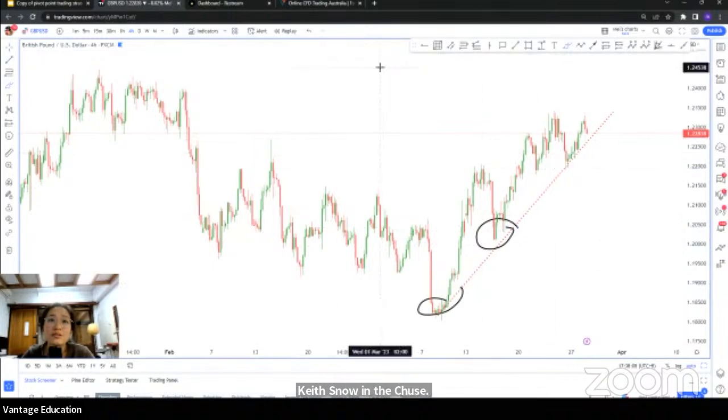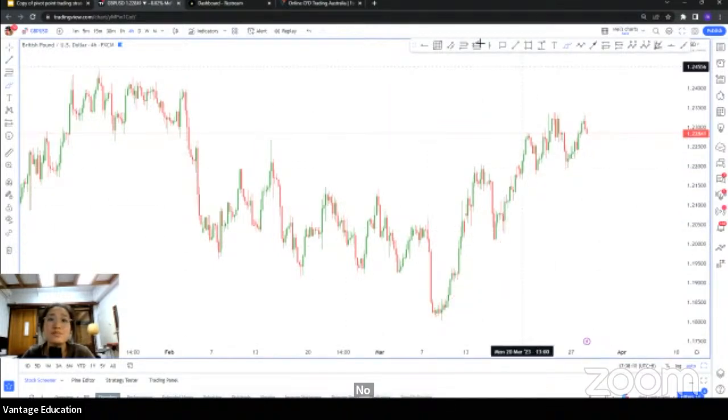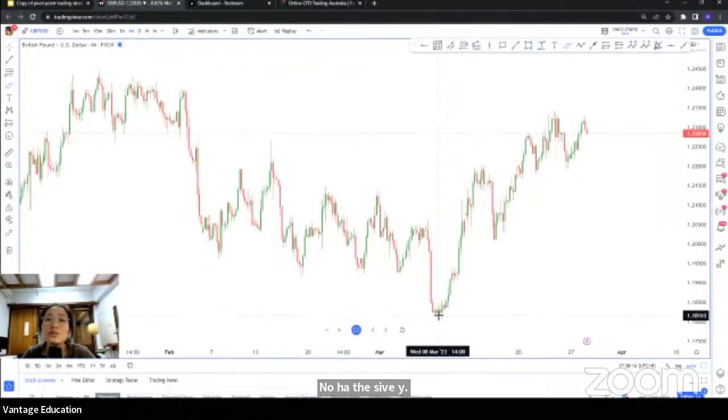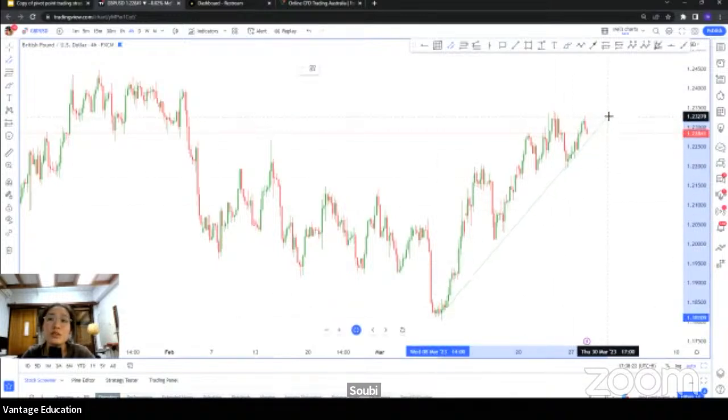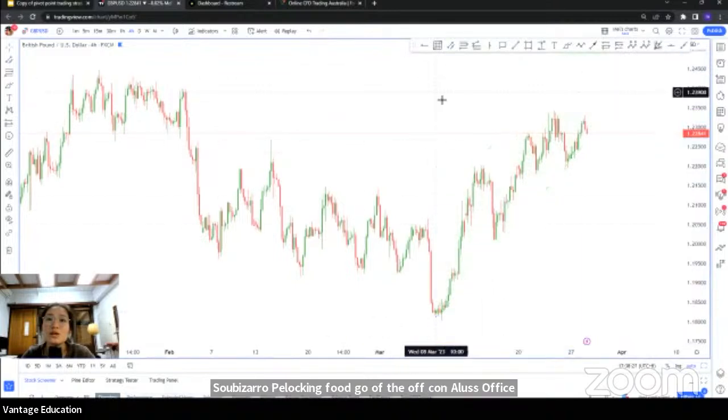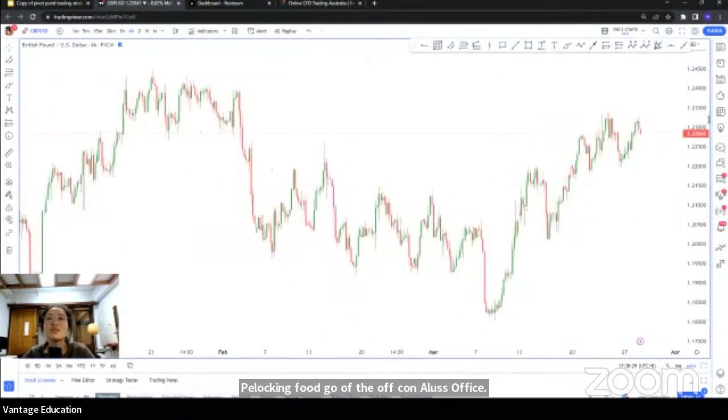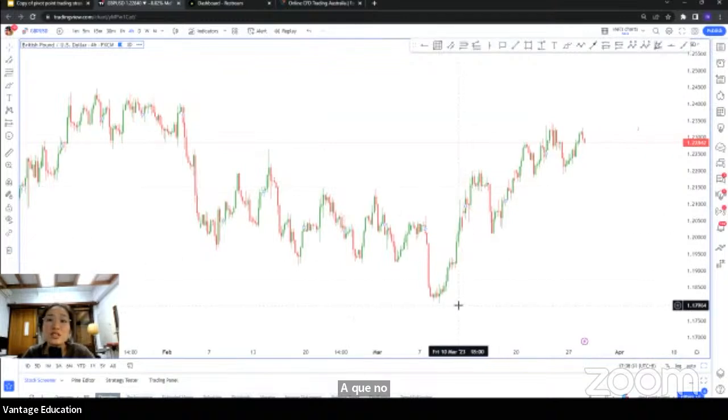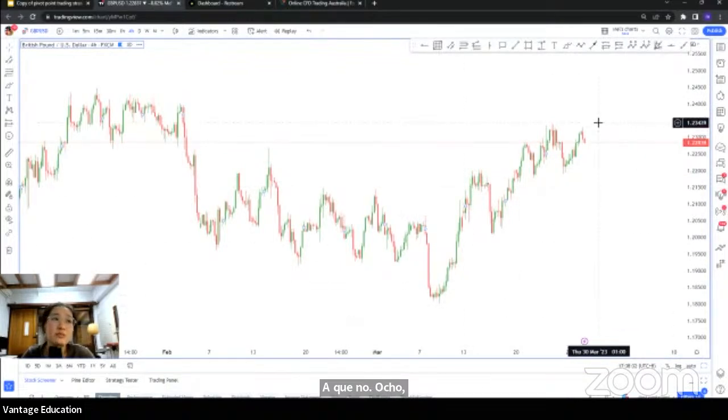Let's see if I have a trend channel. So we start with the graphical analysis first. Okay, no trend line either, but we can all agree that it is on an uptrend.